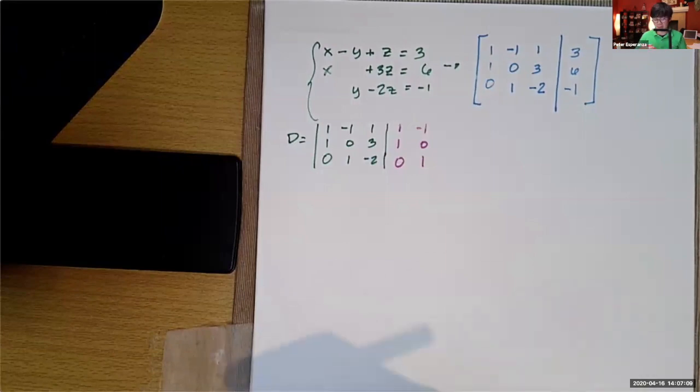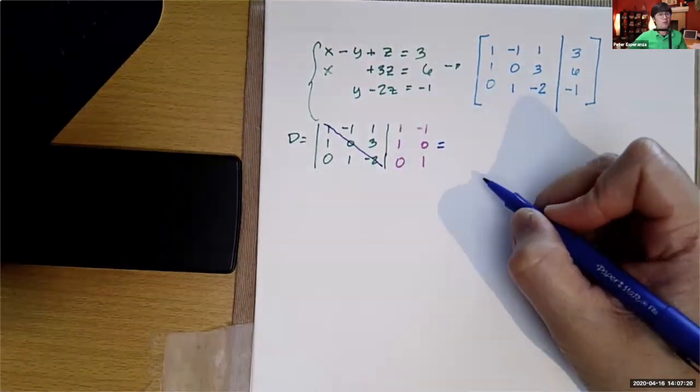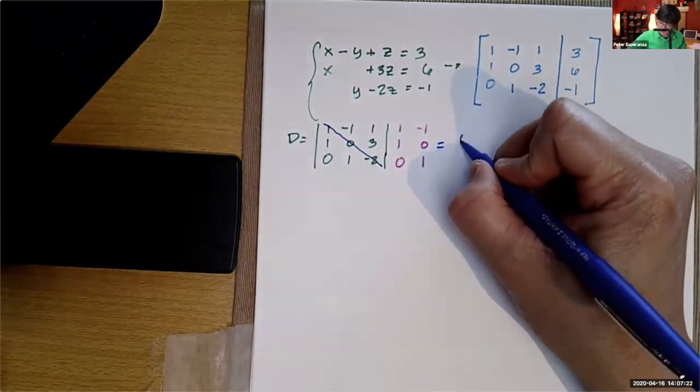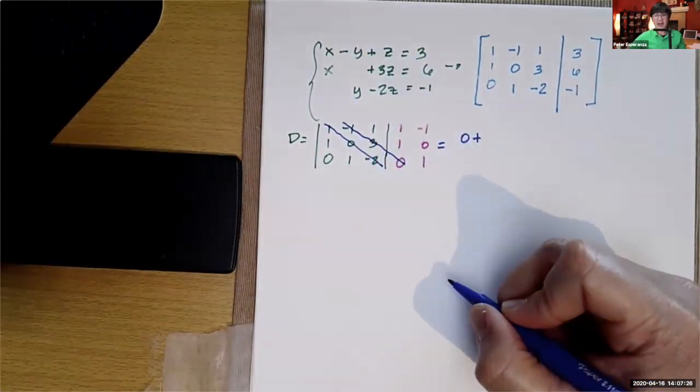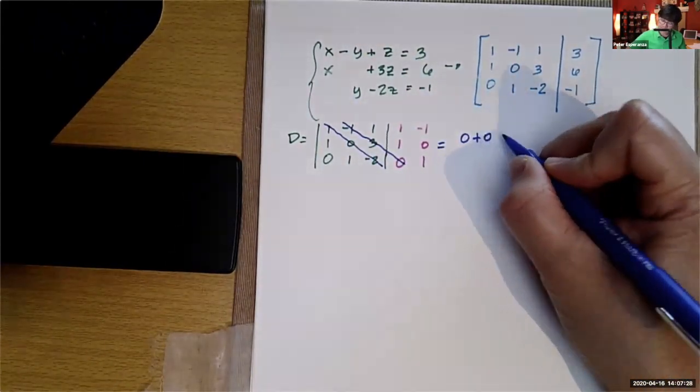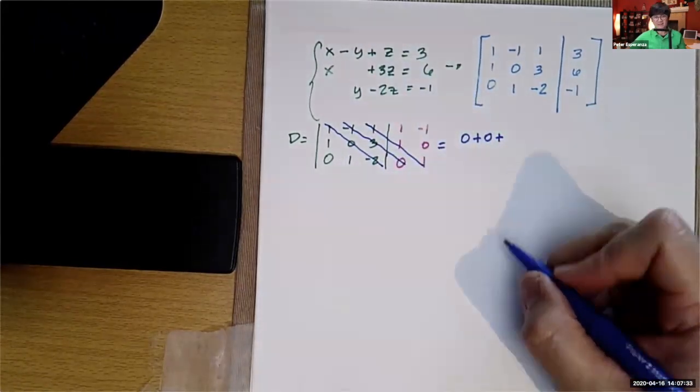We can do that in our head. So let's begin by finding the first set of diagonals. Are you ready? What's that? 0 plus, what's that? 0 plus, what's that? 1.